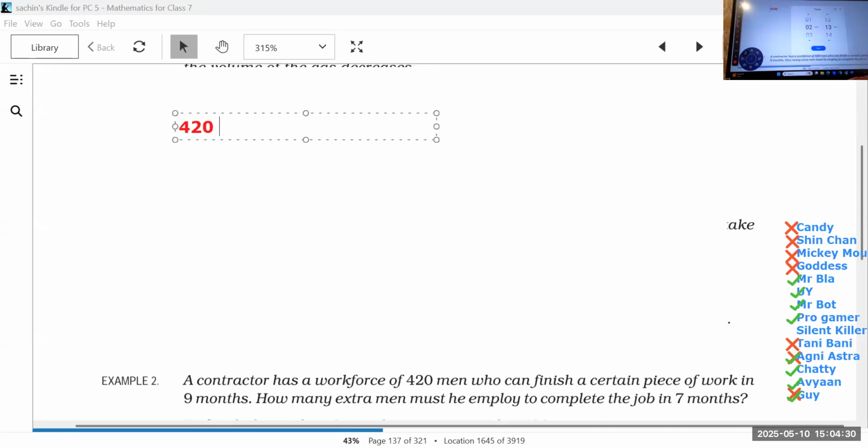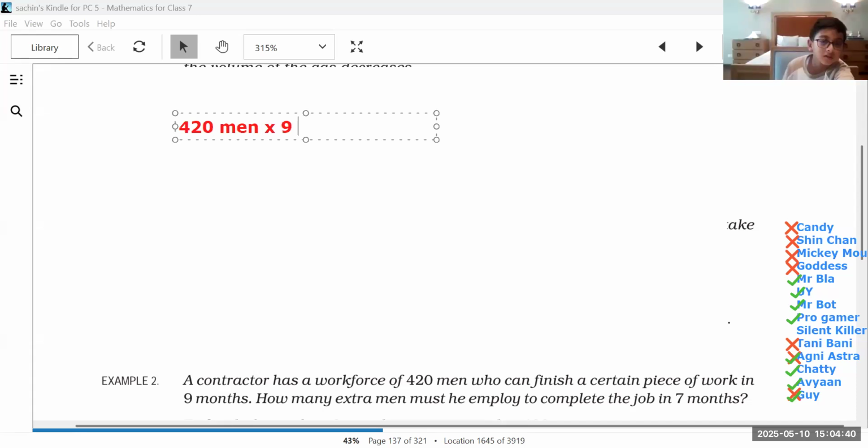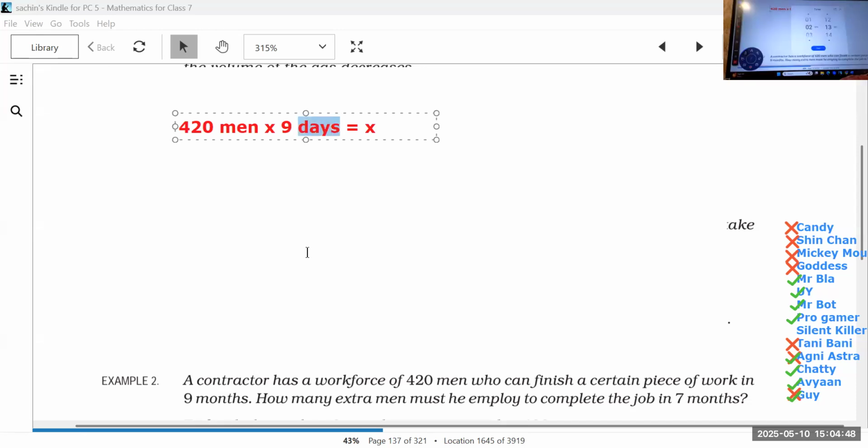So 420 men times 9 months will be equal to X men times 7 months. That is all we had to do.